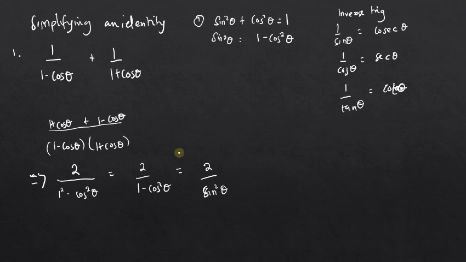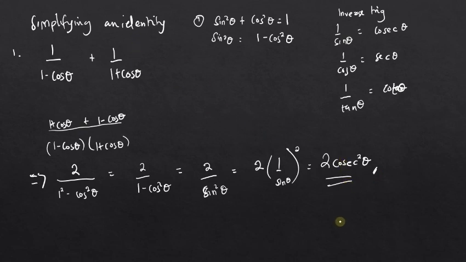So in this place, this will now be equal to 2 into bracket 1 over sine theta, all squared. And we know that 1 over sine theta is cosec theta. So this will now be 2 cosec squared theta. So this will be your final answer. When you simplify this, this is what you get.